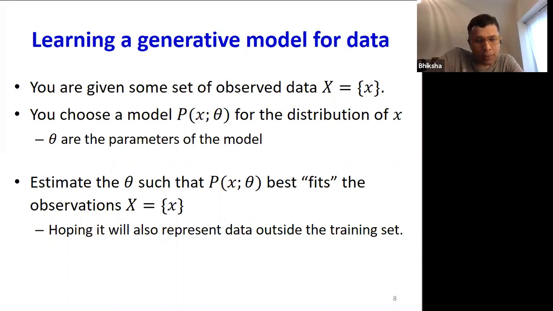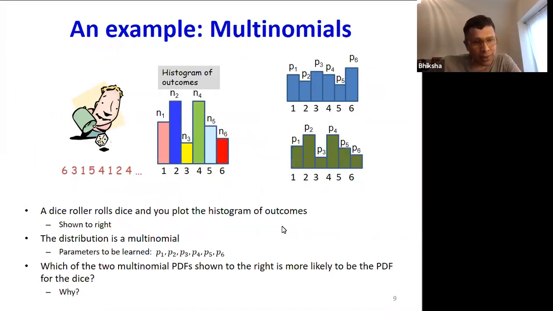When we try to learn the generative model for this data, the problem is that of estimating the parameter theta such that it best fits our observations x. The hope, with the training data that we have, is that when we learn this model to fit our data, it will also represent data outside of the training set from the same source. And here are some examples.